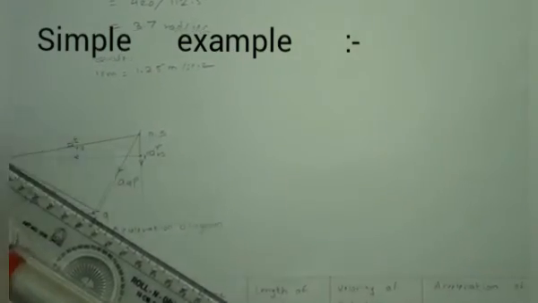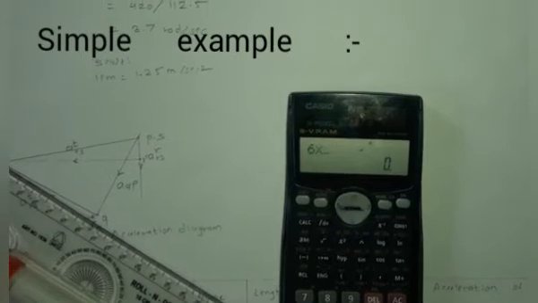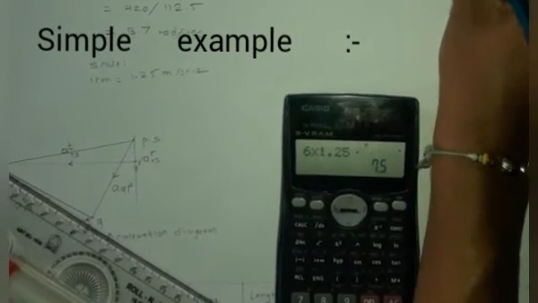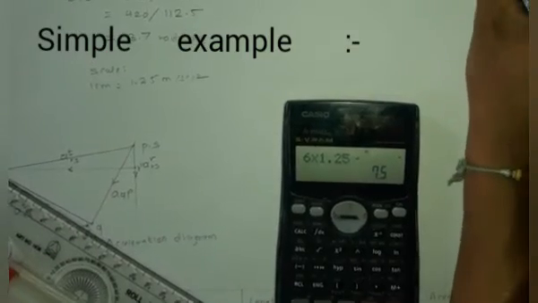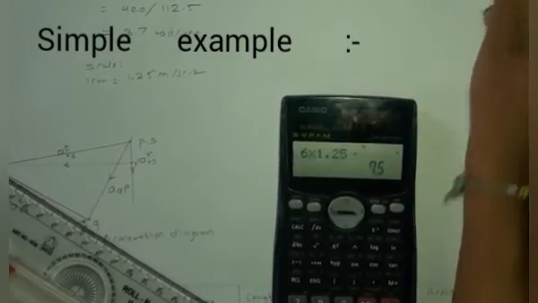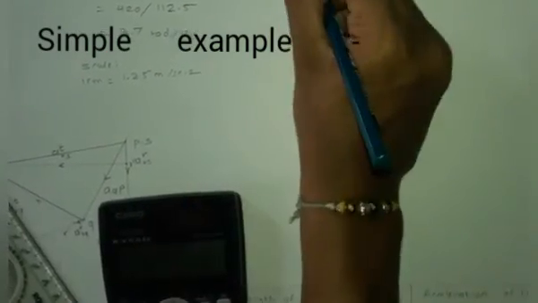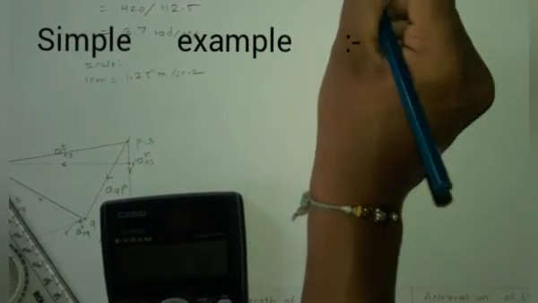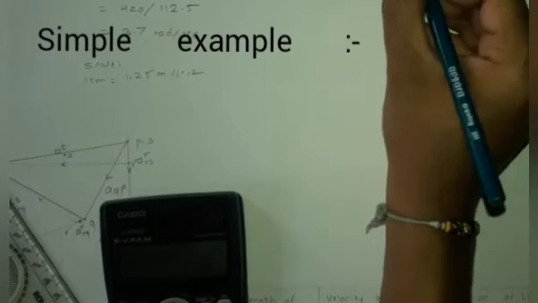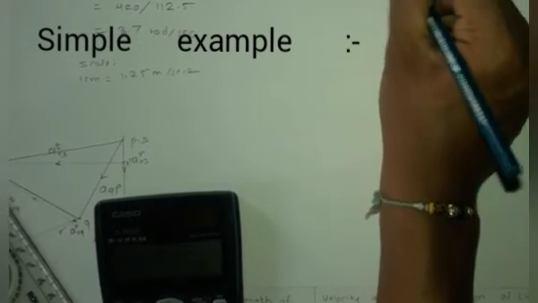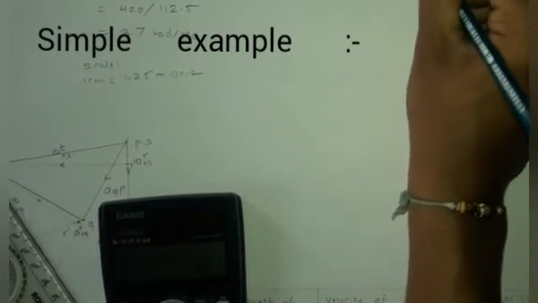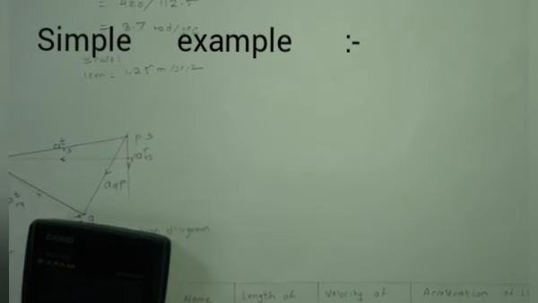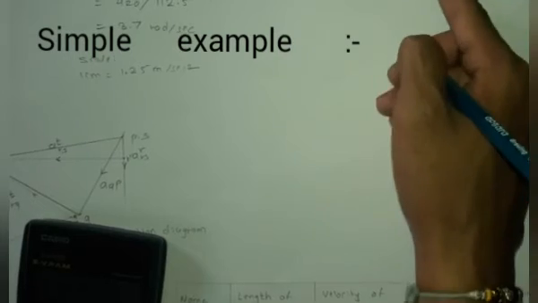So it will be 7.5 meter per second square. Tangential component for RQ equals angular acceleration for RQ into length of link RQ.